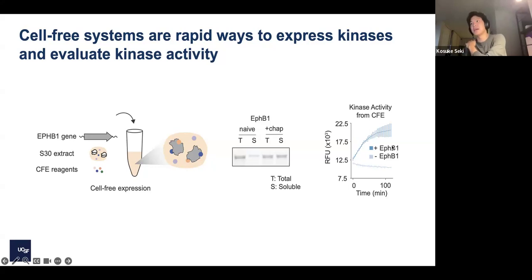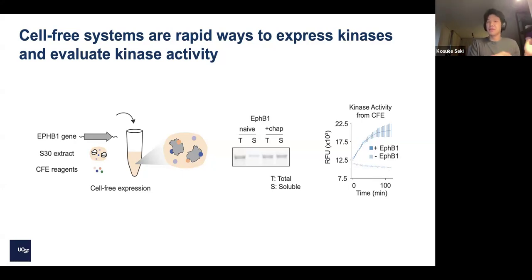So here I'm showing you that in the presence of the wild type protein that we're interested in, EPHB1, you can see that this enzyme acts on its substrate over time. And in the absence of this enzyme, it doesn't work. This is a really nice way to quickly see which sequences work.